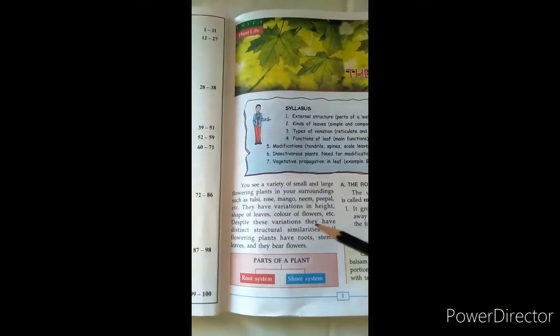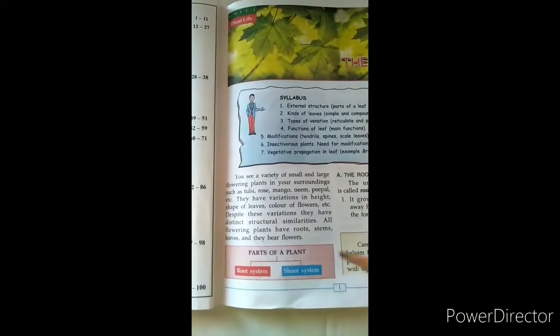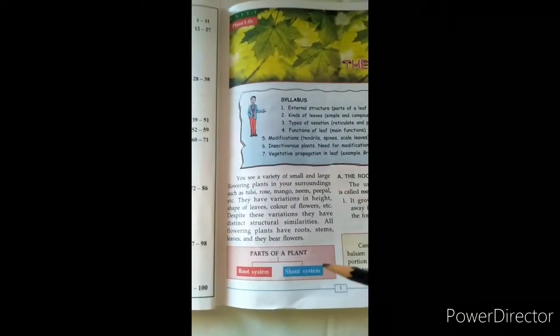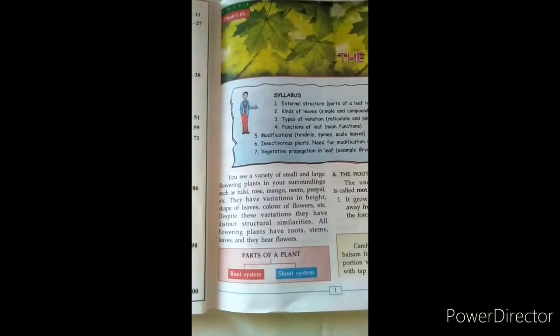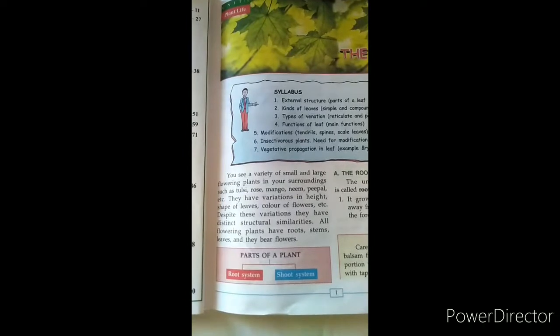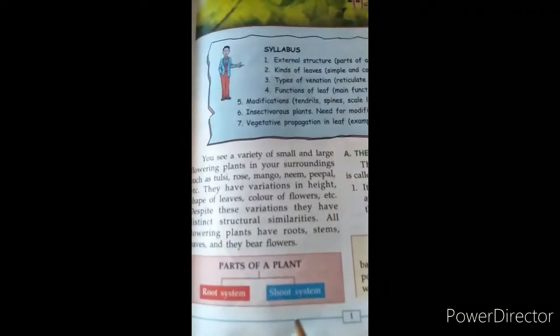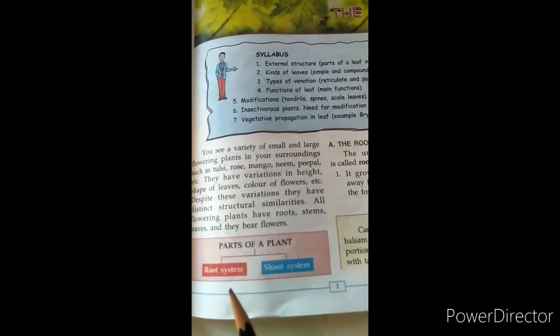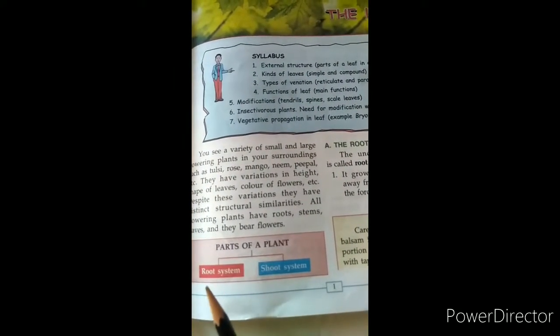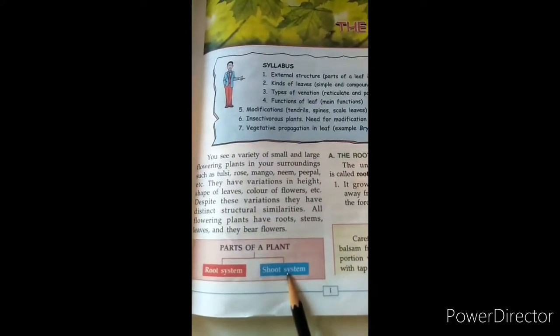There may be a difference in the type of root, type of stem, type of leaves and type of flowers, but eventually most of the plants have these parts that we can easily see. So when we see the parts of a plant, we can very easily divide the plant into two parts, the root system and the shoot system.